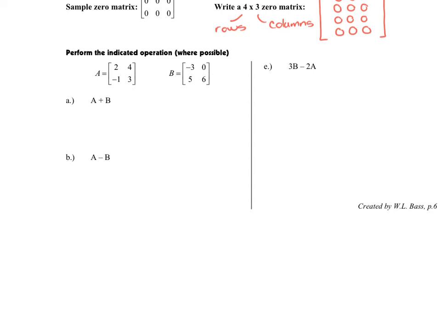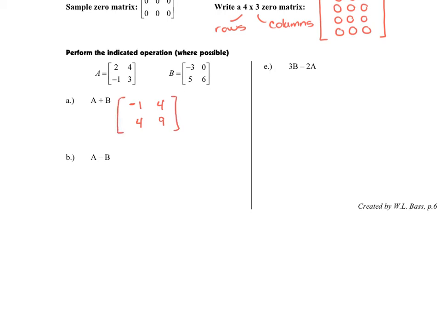So 2 plus -3 is -1. And then I would do 4 plus 0, and that would be 4. And then -1 plus 5, and that would be 4. And lastly, 3 plus 6 would be 9, and I'd put my brackets around that.